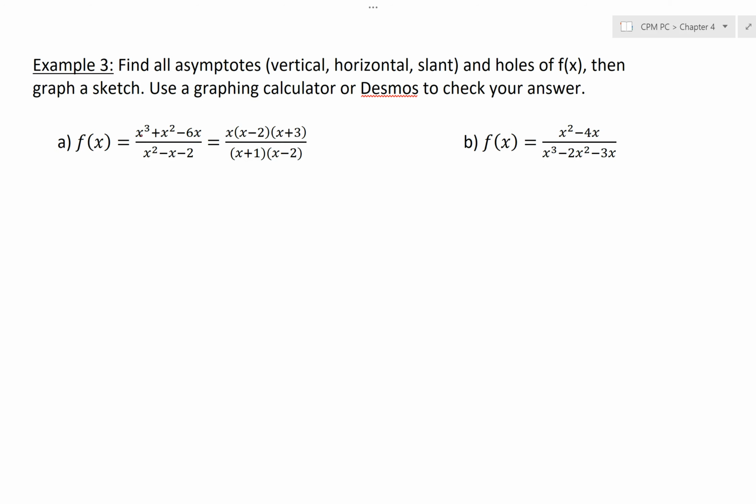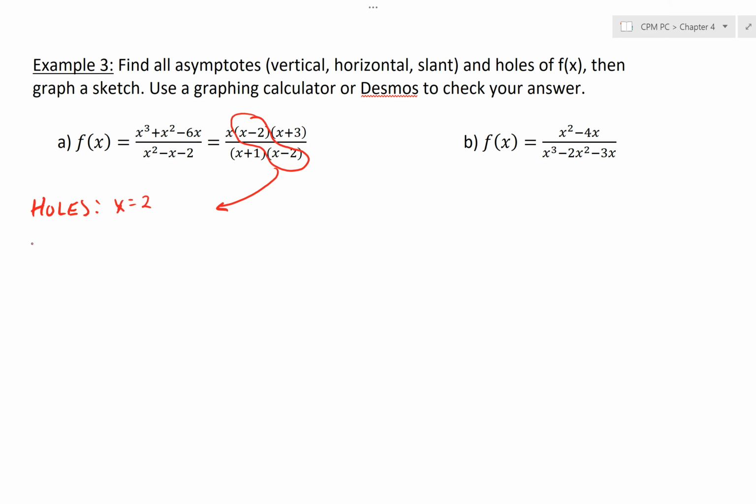Okay, so the first one is already factored, and I think it's easiest to look for the common factors first. So we have common factors in the top and the bottom. That will tell us that there is a hole at x equals 2.